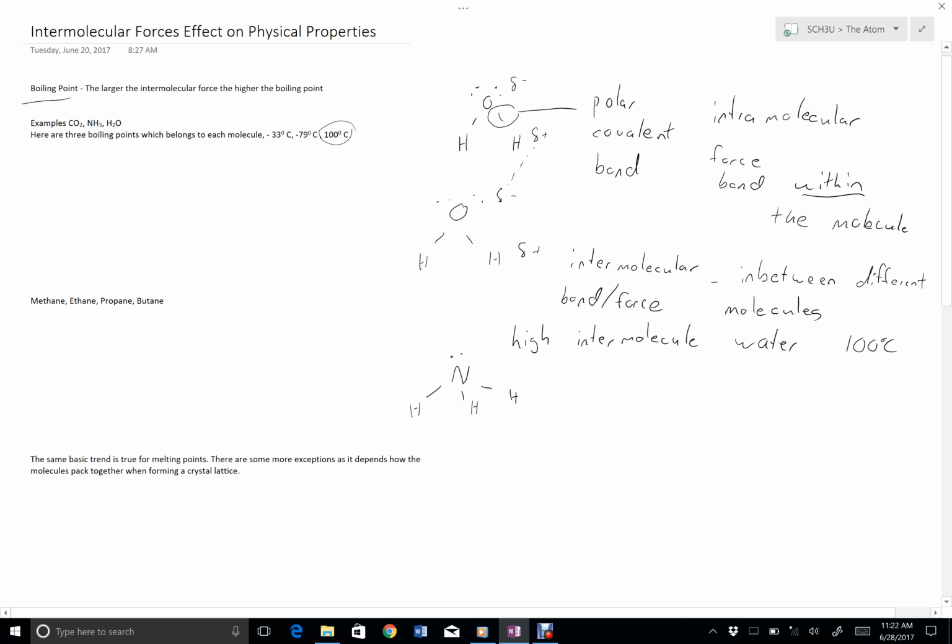But second of all, this shape, this pyramid, has a high amount of cancellation, so we get a partial negative because the nitrogen is more attractive to those electrons, and a partial positive, but the dipole is not as strong as in water, as there's more shape cancellation.